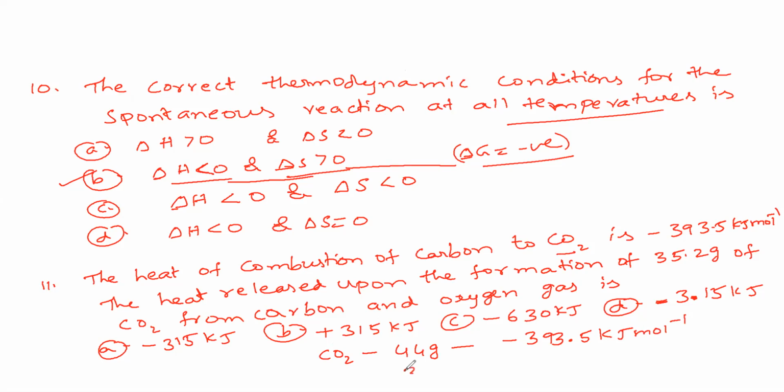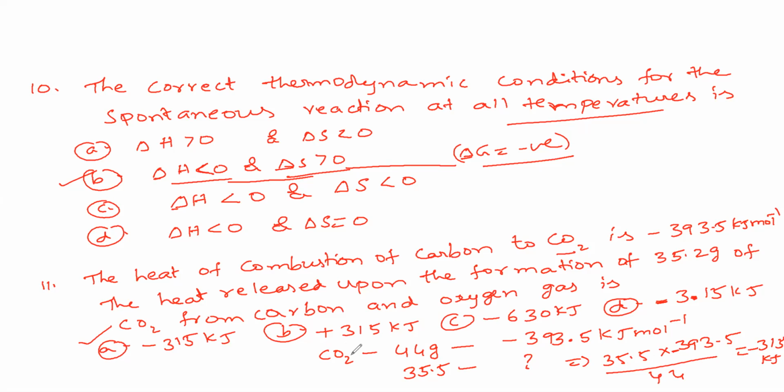Then 35.5 grams gives how much? It is nothing but 35.5 into 393.5 divided by 44 with the minus sign. So we get minus 315 kilojoules. So this is the answer.